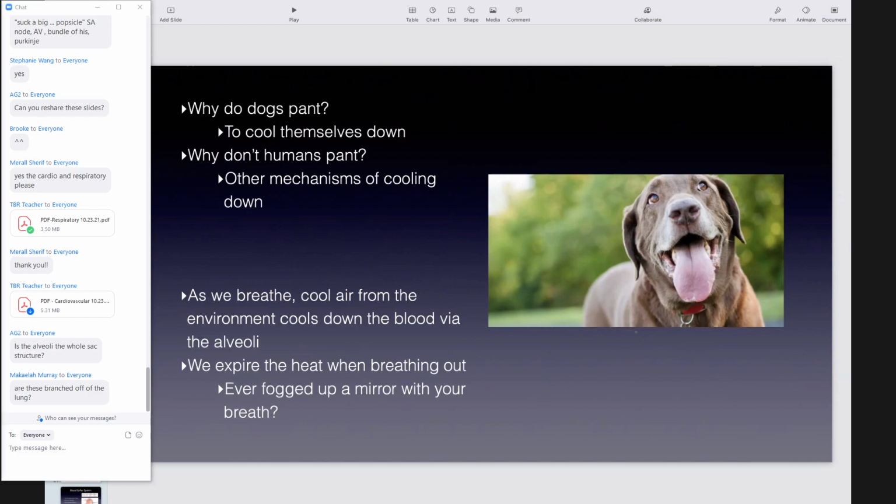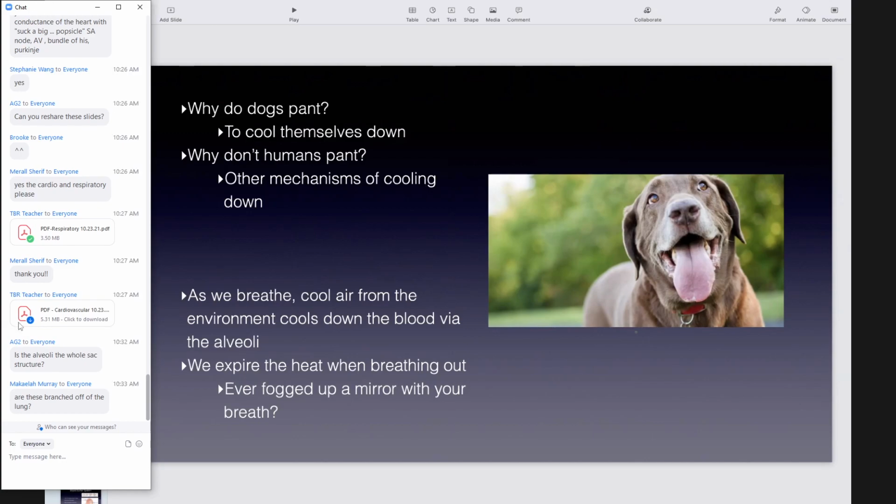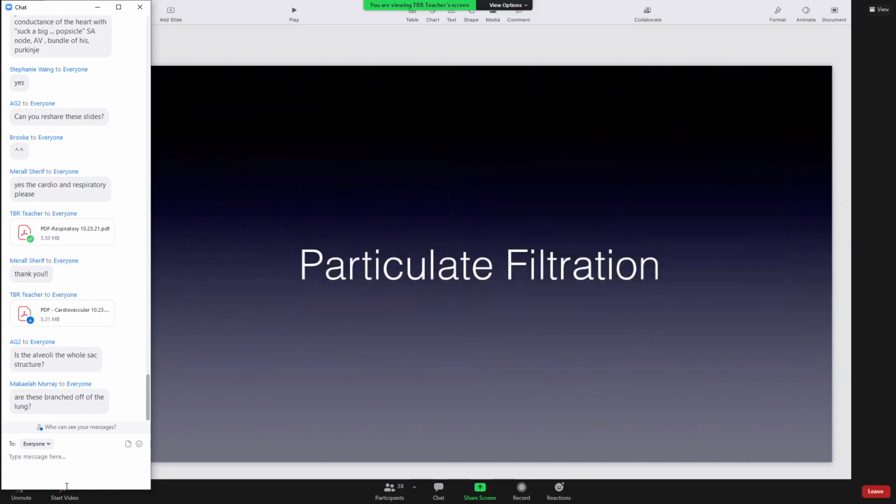So the most complete function of the lungs is to bring in oxygen and breathe out waste. That waste is heat in the form of water vapor, and carbon dioxide. So breathing helps with thermoregulation. We can breathe off that heat.